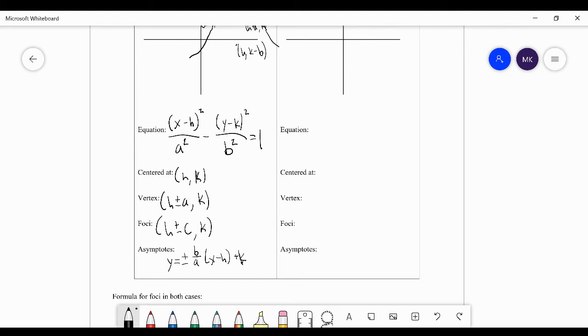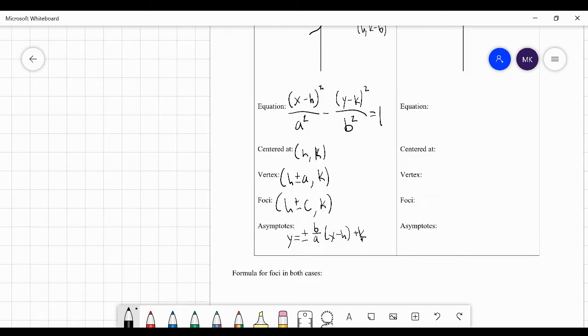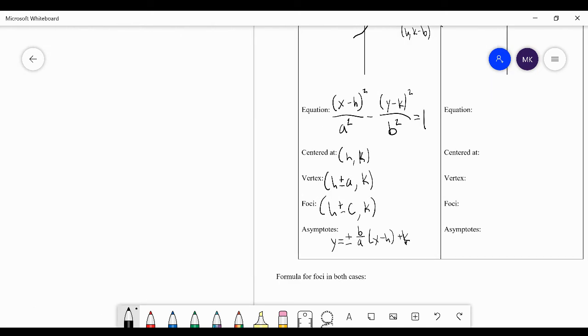And so we look at this, we're like, man, there's a whole lot going on. I've got fractions, multiples, parentheses, subtraction, addition, positive, negative things. But if we really break this down to the difference, if it's centered at the origin, it'd be b over a times x. Now, if I take this exact line and I shift it to the right h units, well, that's just b over a times x minus h.